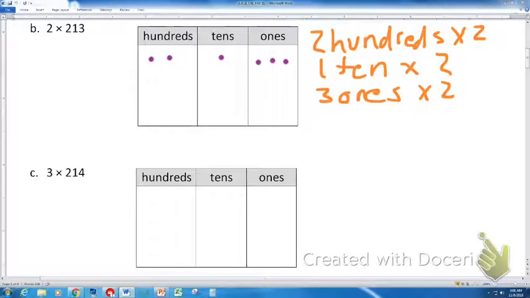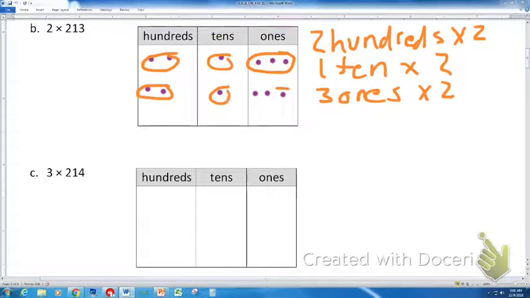So let's take a look at the place value chart first. Let's circle each of these groups to let us know this is one whole group. Now we need a total of 2, so we're going to put the same amount of dots that we just had in each box to make a second group, and we're going to circle those. We're going to do this until we get the total number of groups. As you can see in letter C, we're going to need to do it a total of 3 times.